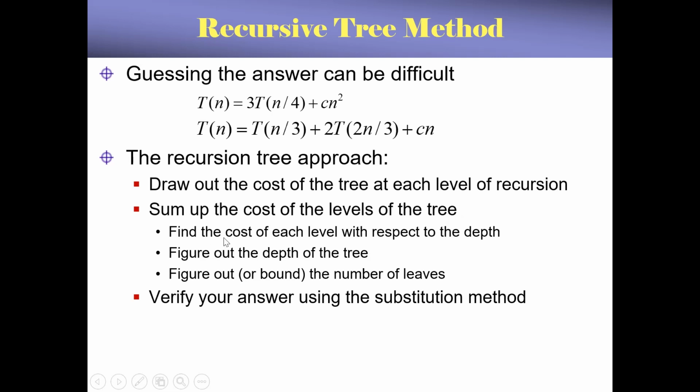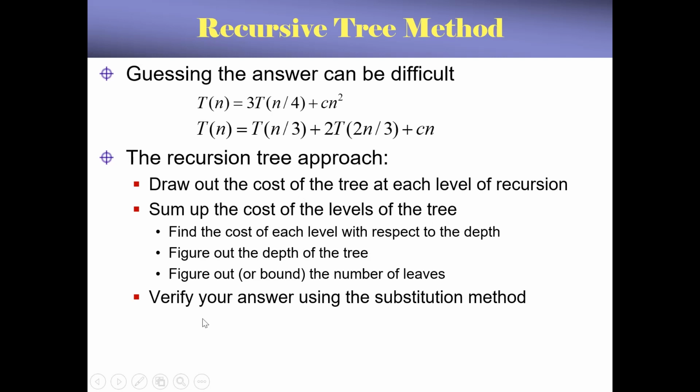Now this involves finding the cost of each level with respect to the depth, figuring out what is the depth of the tree, and then figuring out the number of leaves you're going to have. At the last level, you have to find out how many terms, or how many leaves, are going to be there. Okay, if you can do this, then you will be able to estimate the running time.